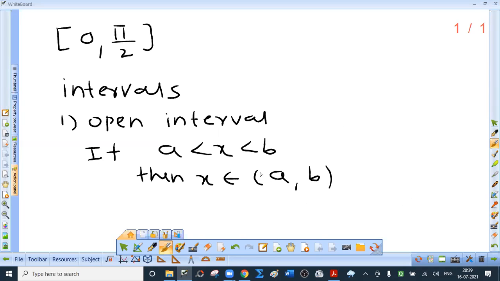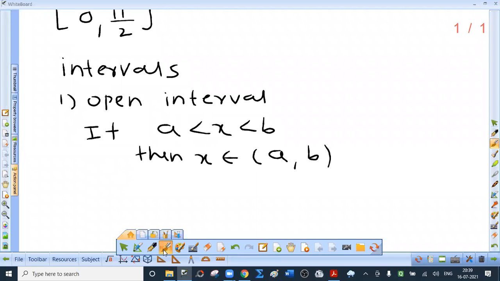These things should not be taught actually. This is for self-study. Note that x is greater than a and less than b. So the convention is we put a and b in circular bracket, and this is called an open interval. Means what? When I say x belongs to open interval, by that I mean x cannot be a, x cannot be b, but x is greater than a and less than b.